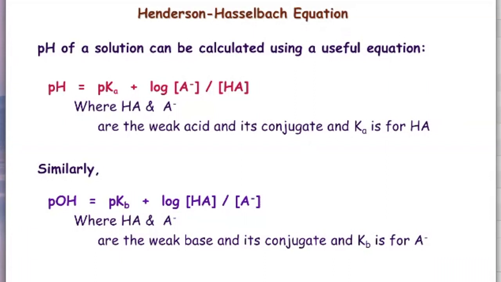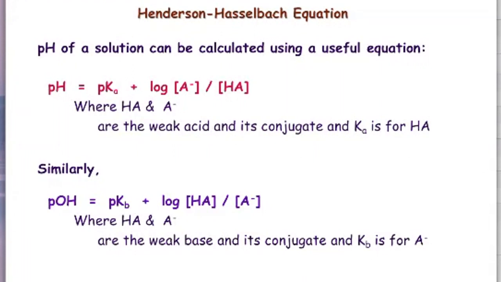Always remember that it comes from the mass action expression and that you're taking the negative log of all the terms in the mass action expression. And in that mass action expression, you're solving for the hydronium ion concentration or the pH.